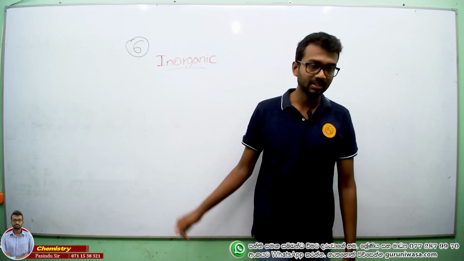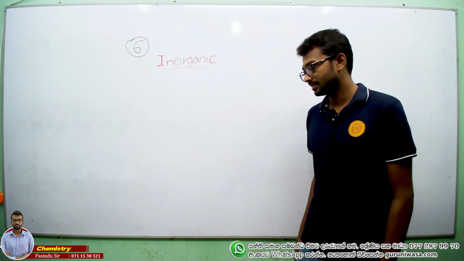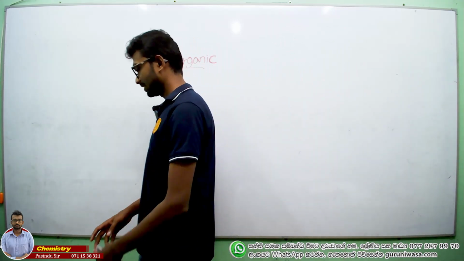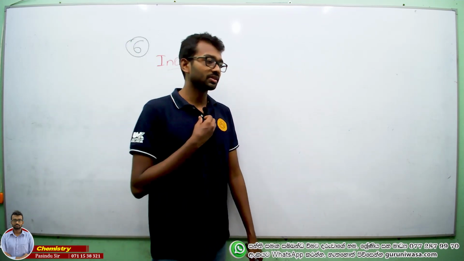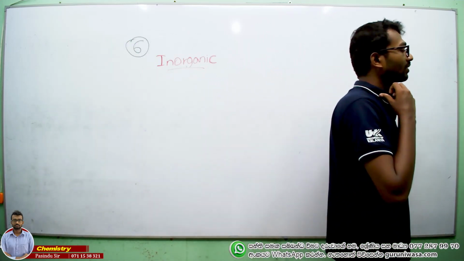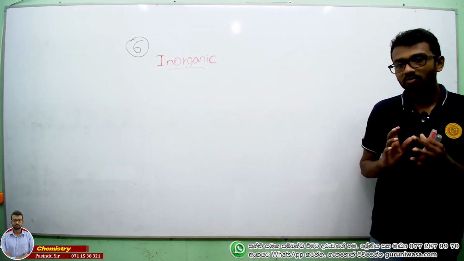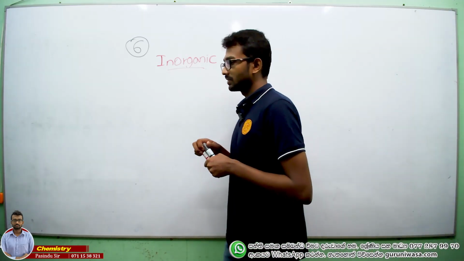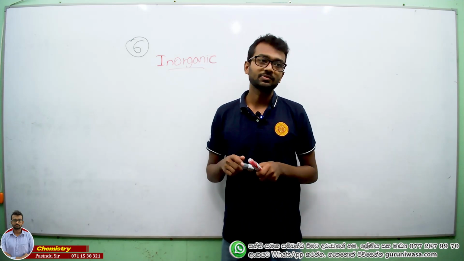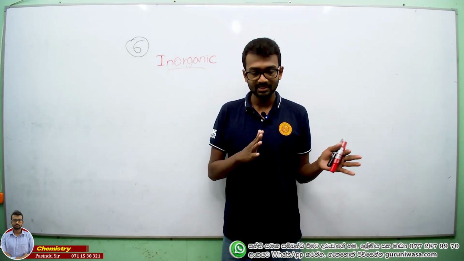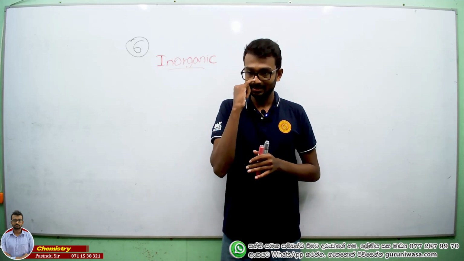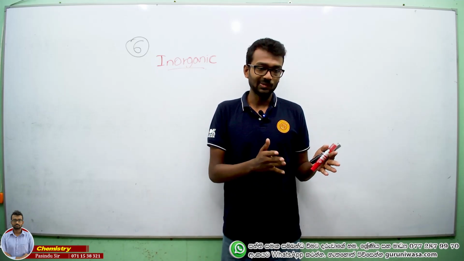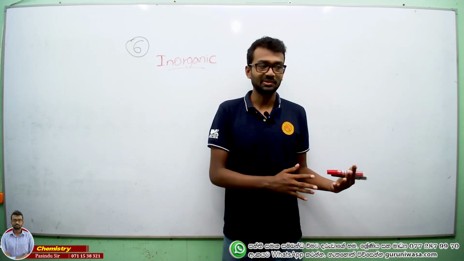According to the name, inorganic, what is the meaning? Here we are talking about inorganic compounds. What are inorganic compounds? Basically we divide organic and inorganic, like organic fertilizers and inorganic fertilizers.